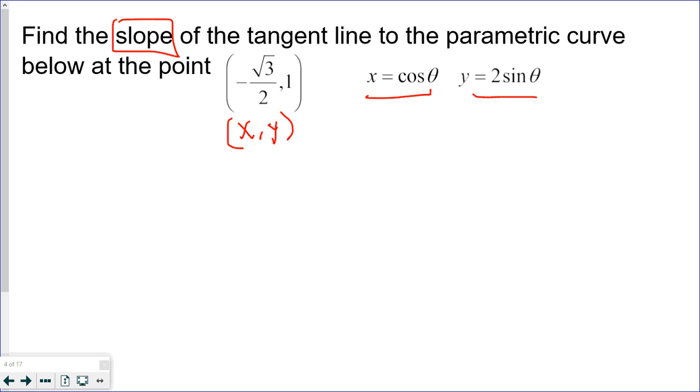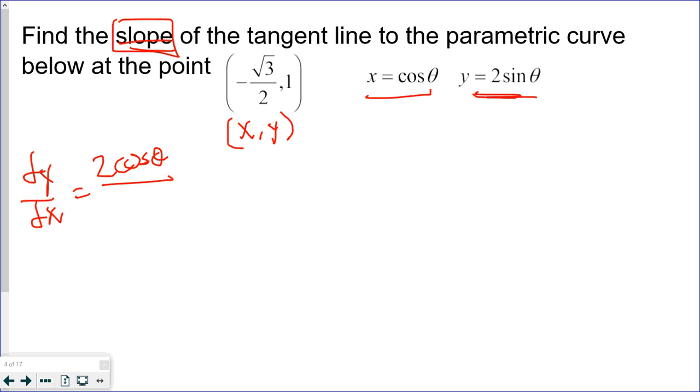If I want to figure out the slope, let's start with finding the derivative first. That's going to be dy over dx. dy is going to be the derivative of the y equation, 2 sine theta, and that's simply going to be 2 cosine theta.